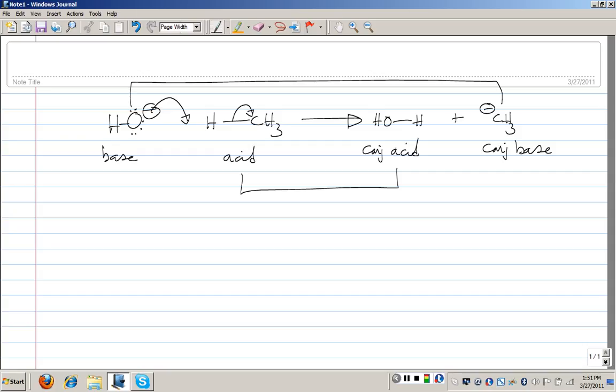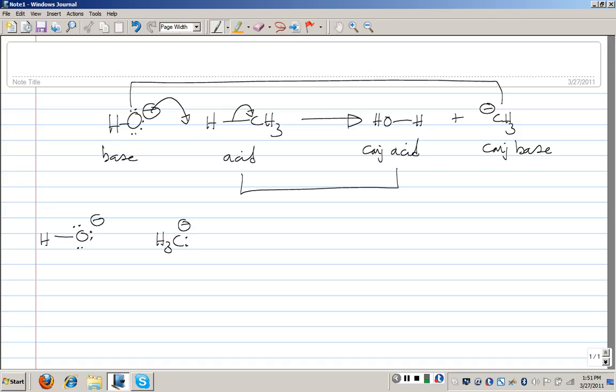The only question you ask is, you compare base to base, base to conjugate base, acid to conjugate acid. So let's see. Of the two, OH minus and CH3 minus, which of these two species is the stronger base?